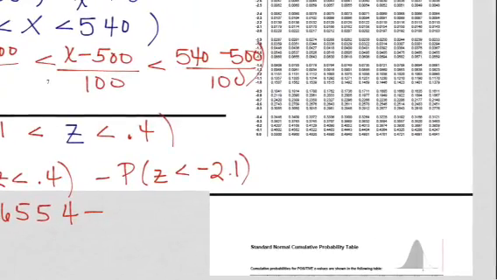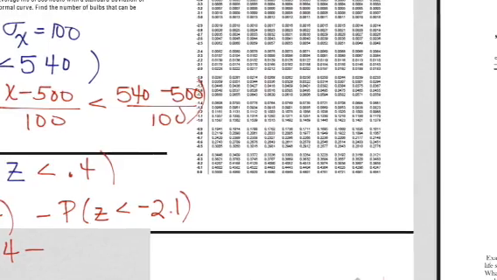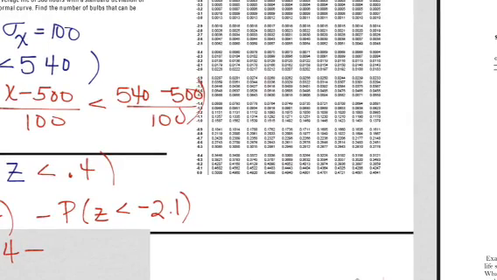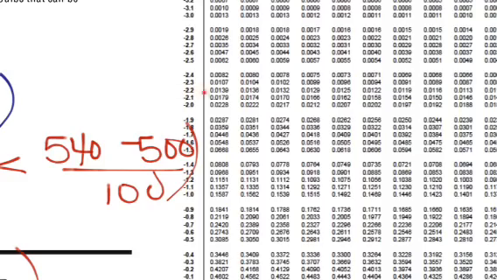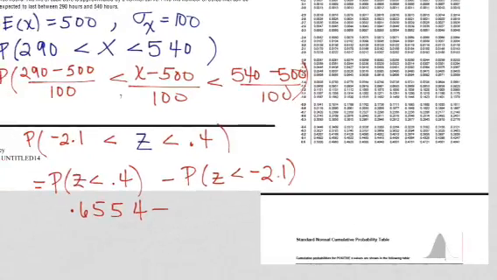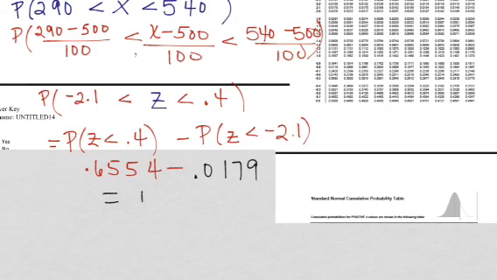And then we have to find the probability of being less than negative 2.1, which is 0.0179. So 0.6554 minus 0.0179 is 0.6375.